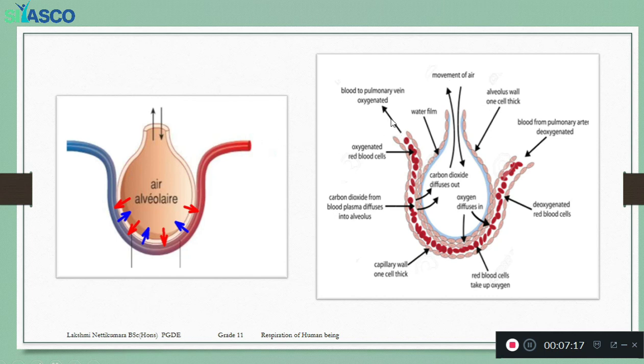So you have to understand this mechanism thoroughly. Due to the concentration gradient, oxygen diffuses to the blood capillaries, carbon dioxide diffuses inside the air sac or the alveoli.